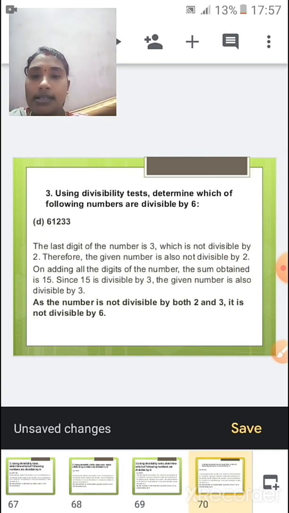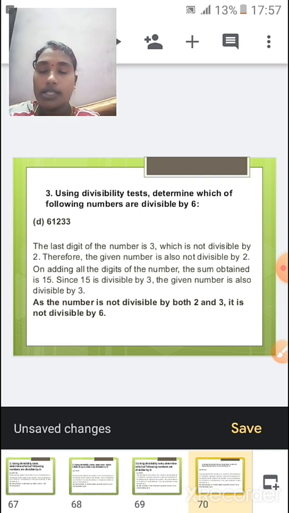Let us see 61,233. So is it divisible by 6? So let us check the last number. It is 3. So since 3 is not divisible by 2, this number is not divisible by 2.